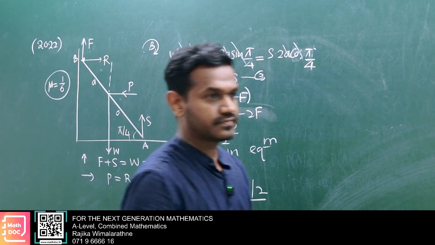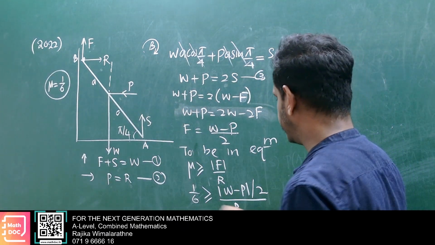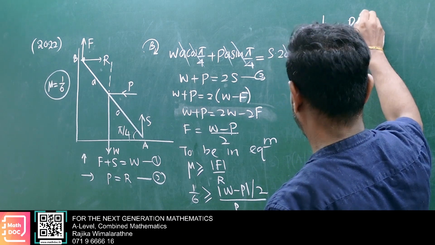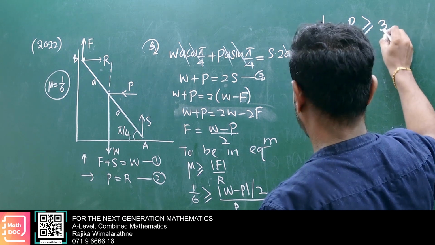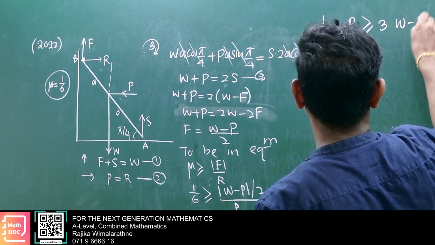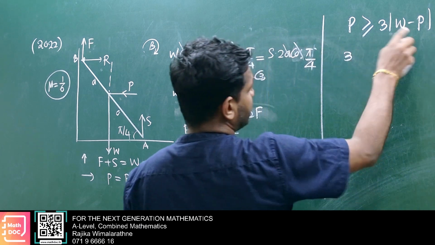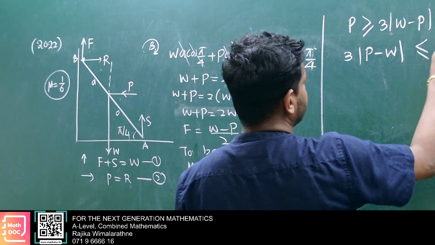Let's do. Then here cancel 2 and cross multiply. Then 3 W minus P modulus less than or equal P.